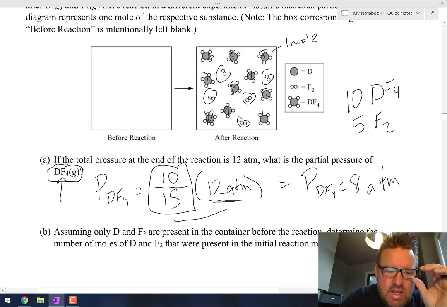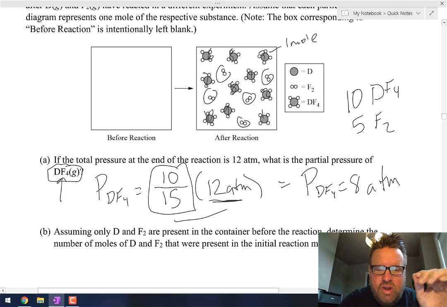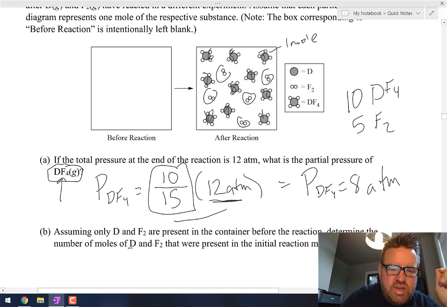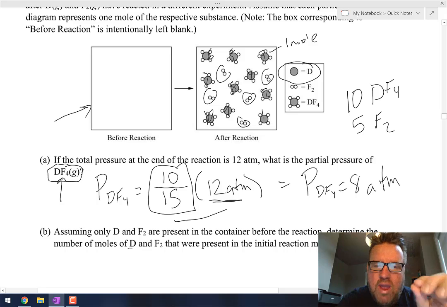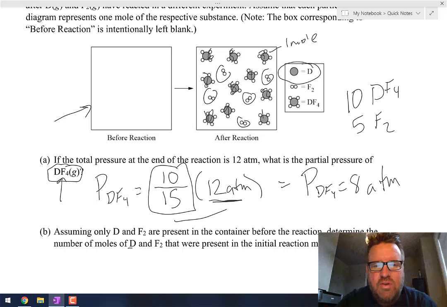In part B, assuming only D and F2 are present in the container before the reaction, determine the number of moles of D and F2 that were present in the initial reaction mixture. Basically they're asking us to fill in that box. Remember, obeying the law of conservation of matter, every single atom has to be accounted for. So how many D particles were present before we started?